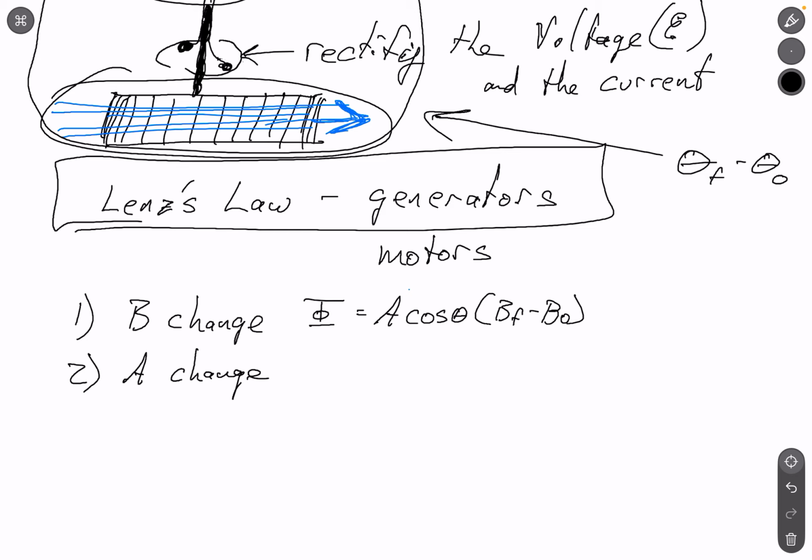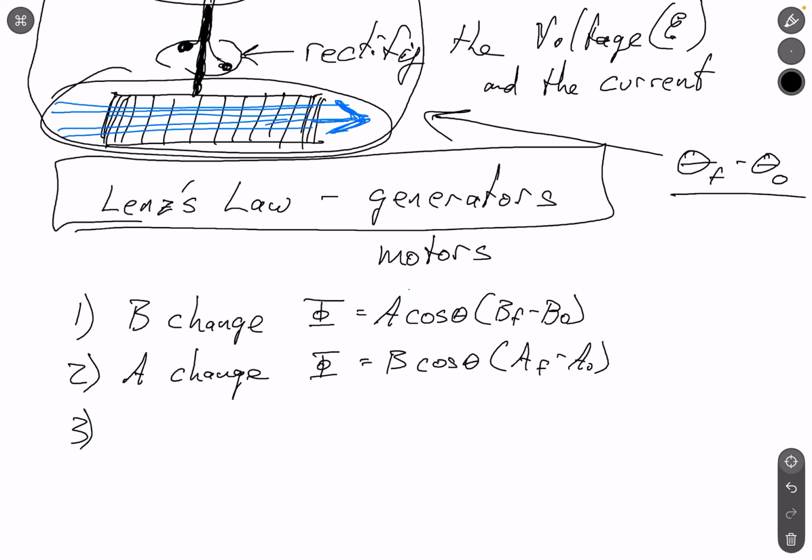B field stays constant, area of the loop stays constant, but this changes. That's probably something you might want to know. Your phi here, if the A changes, well, your B is constant, your cosine of theta is constant, but your area final and your area initial are different.